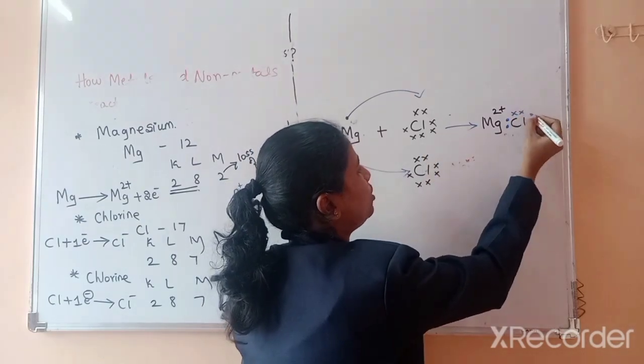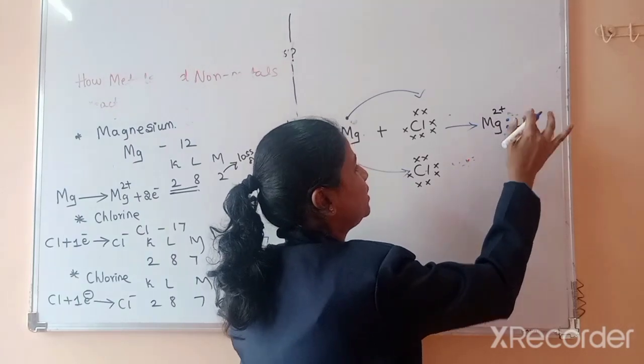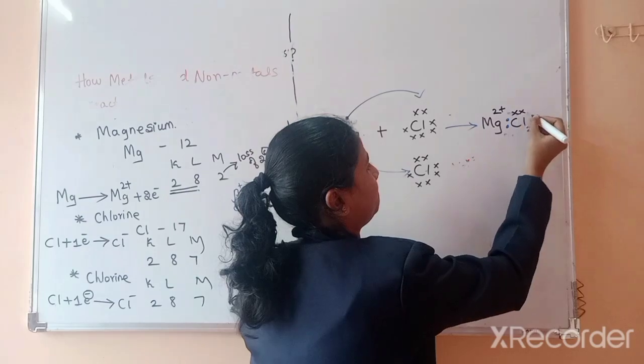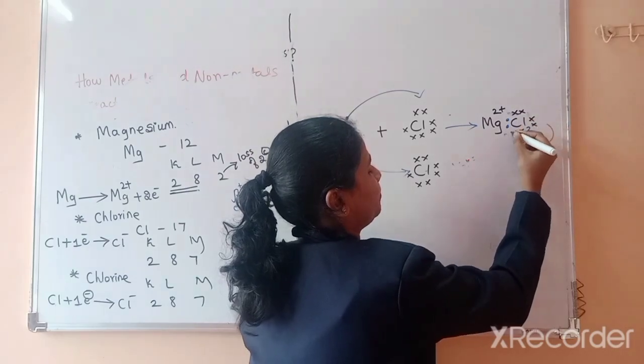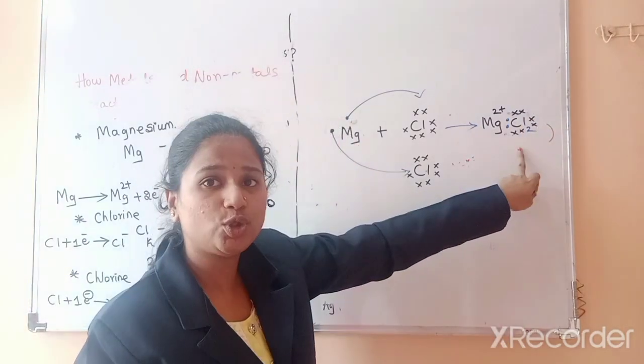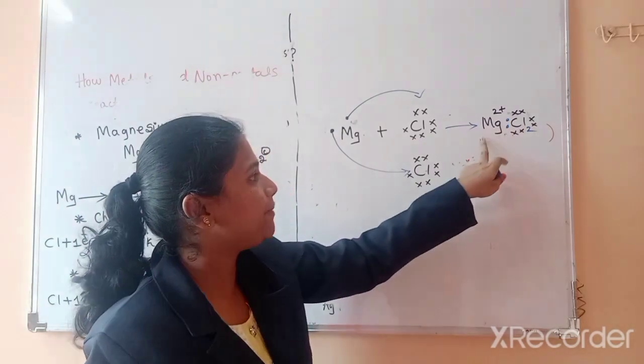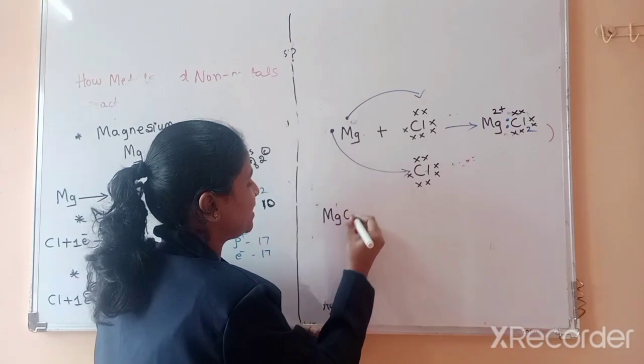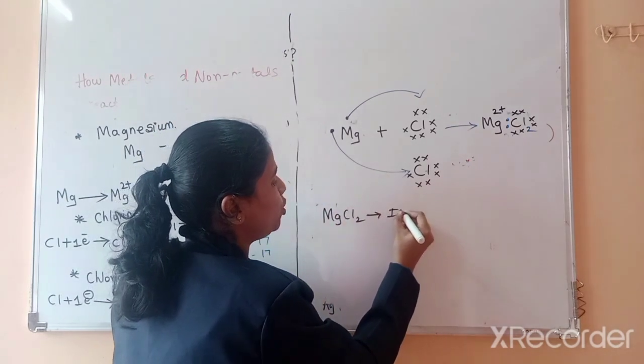So these are the 2 electrons which we got from the magnesium. Instead of writing separately, I wrote 2 Cl-. Okay, MgCl2. So MgCl2 is also an example of an ionic compound.